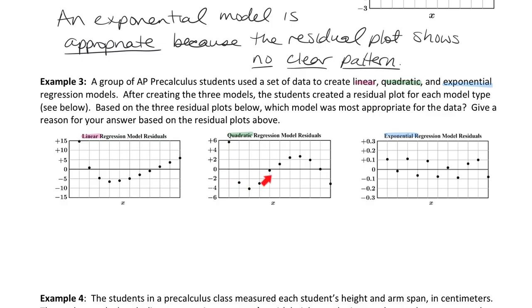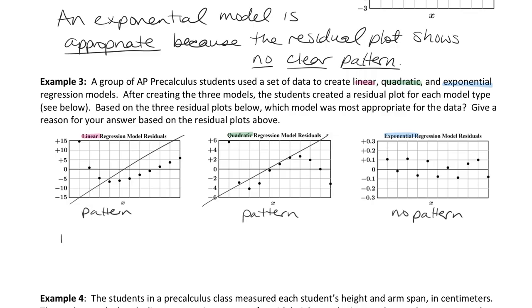Does the quadratic have a clear pattern? Yes. So no good. Does the exponential have a clear pattern? No. Which means that we want to use the exponential. This one has a pattern. This one has a pattern. This one has no pattern. So the only option that's appropriate is the exponential data.